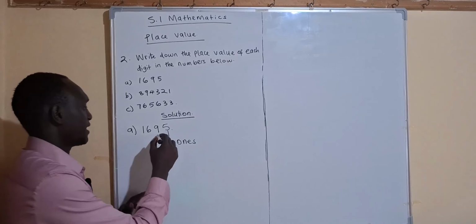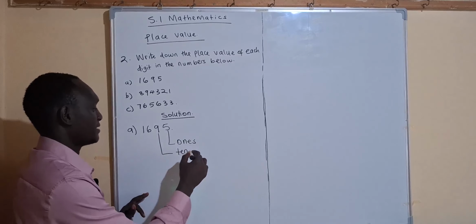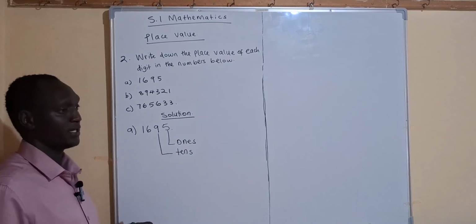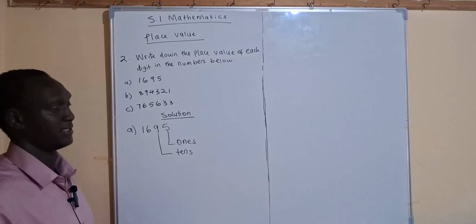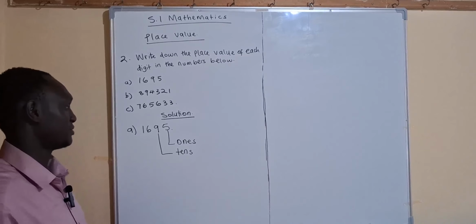And then we come to the second number 9. The second position here is taken up by tens. This tells you that in this number there are 9 tens, or tens are occurring 9 times.